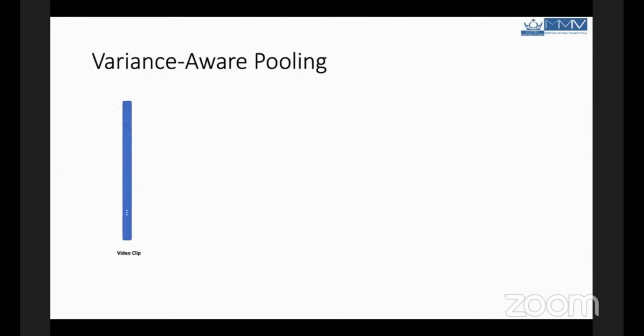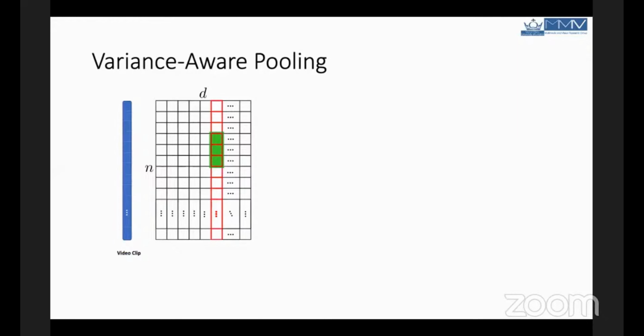As to pooling, let's say we have a video clip which has n units. Each unit consists of 16 frames, and each unit is represented by a vector of size d. So this embedding matrix is the feature of this video clip.